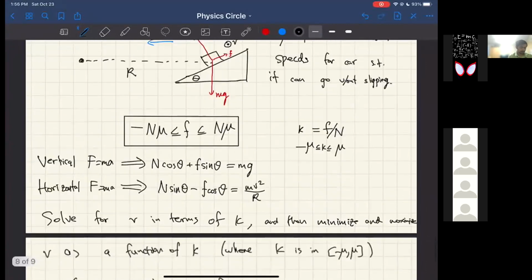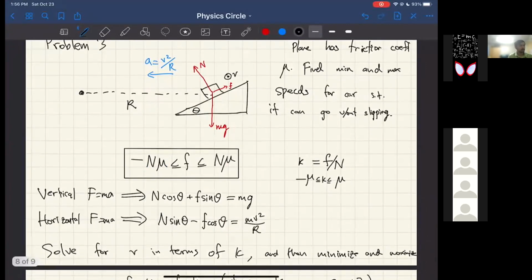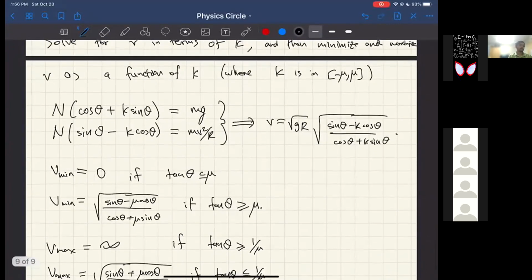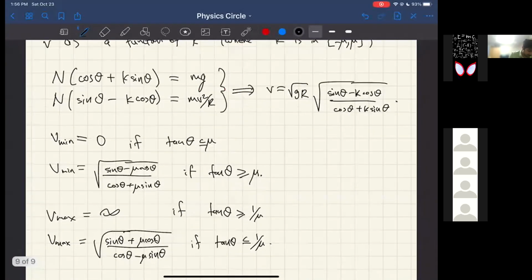All right, so this is quite a tricky problem for various reasons: the friction aspect, the circular motion aspect, and then this final aspect with optimizing v. So are there any questions about this problem? Oh, sorry, I forgot the root gr term in all of these.